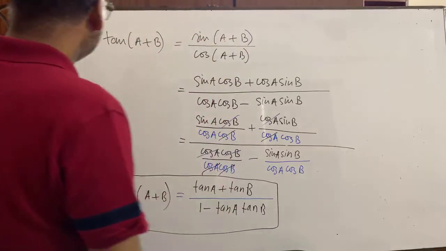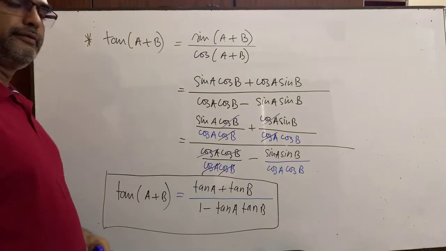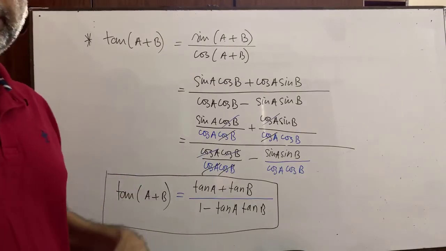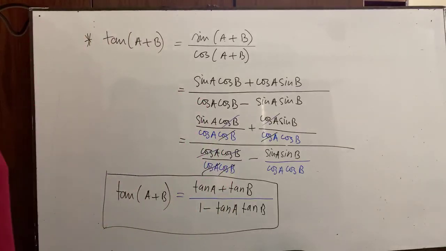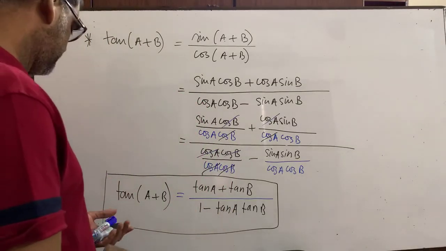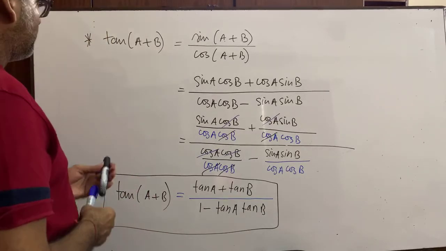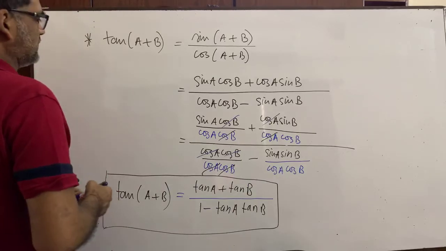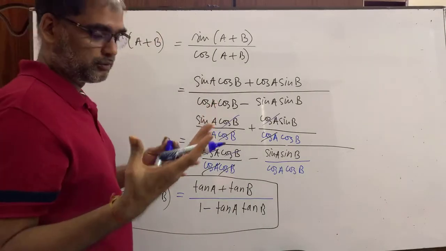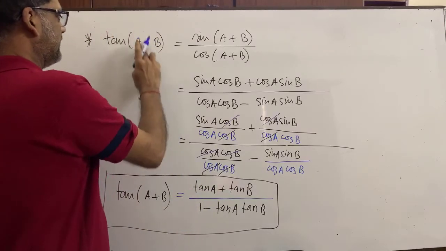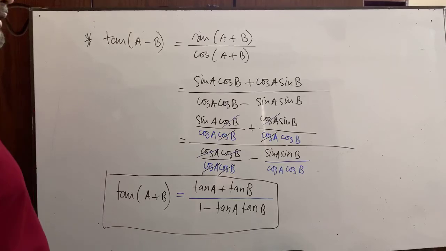Now, if we tell you to determine tan of A minus B, can you do it? Answer me. Can you do it? Tan of A minus B. You see, for another question, it is tan of A minus B. Pay attention. I am going to show you another formula. Tan of A minus B. This is minus. Okay?